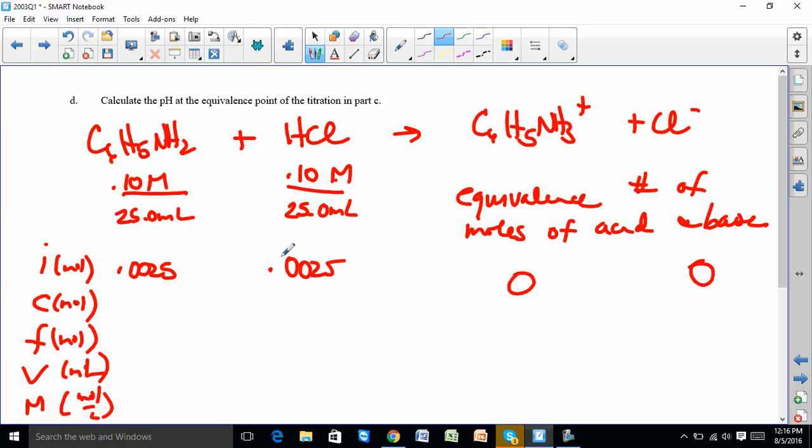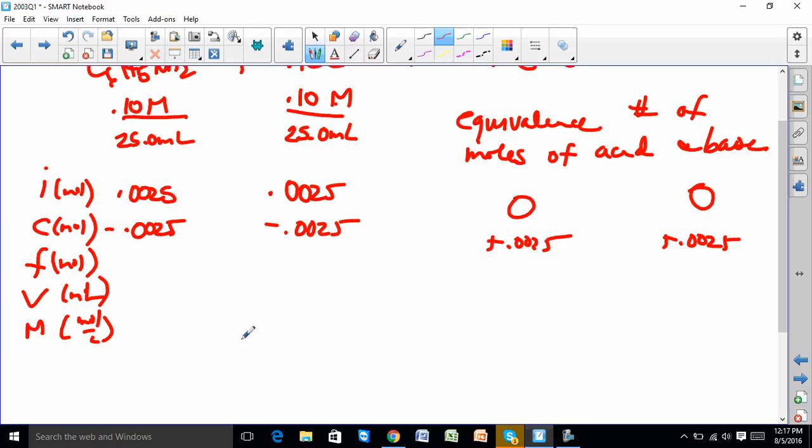These are the same, so they are going to run out at exactly the same time. And again, they're nice to you on the AP exam. It's always 1 to 1 to 1. This is 0. This is 0. This is 0.0025. This is 0.0025. This is not difficult. It's just tedious. Don't confuse difficult with tedious.